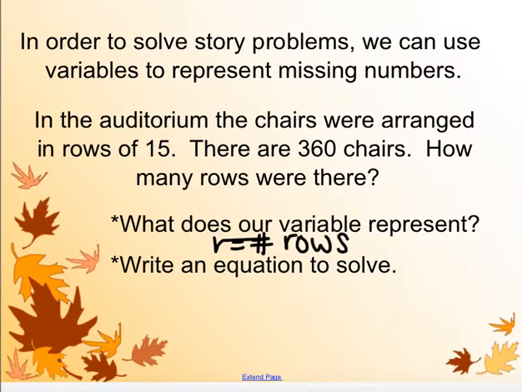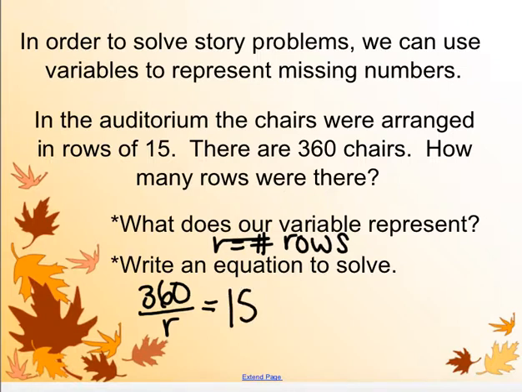Okay? And once again, we can use an equation to solve, but this time we're going to need multiplication or division to solve it. So maybe you say, well, if I have those 360 chairs, and I know that there are a certain amount of rows, that can give me that we have those 15 chairs in each one.